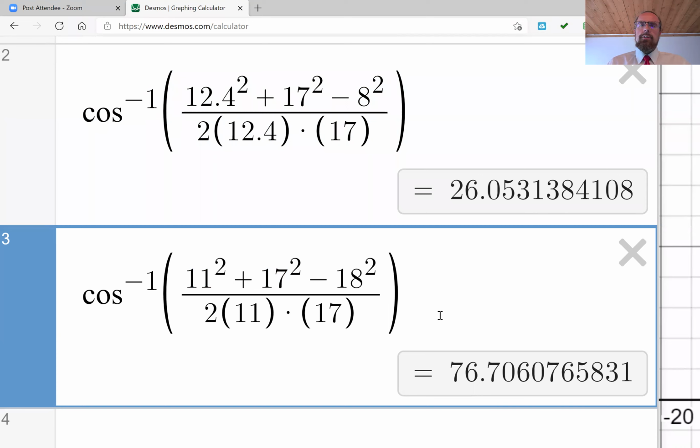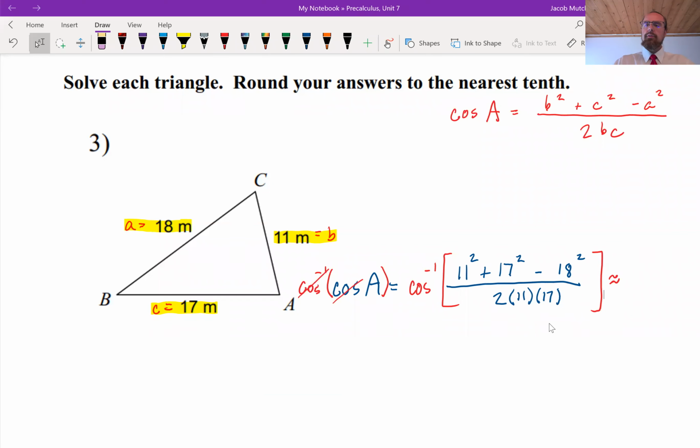And that's a good rule of thumb with these law of cosines equations: you can really use a template and just flip out the values. So I'm going to round this to 76.7 degrees. And that gives us angle A. I'll mark it there. And then I'm also going to mark it here in the diagram, 76.7 degrees.